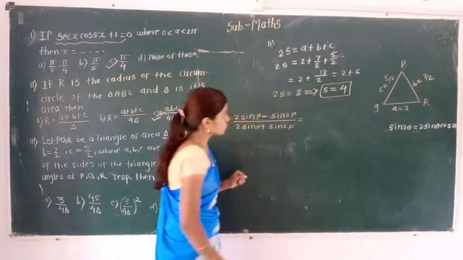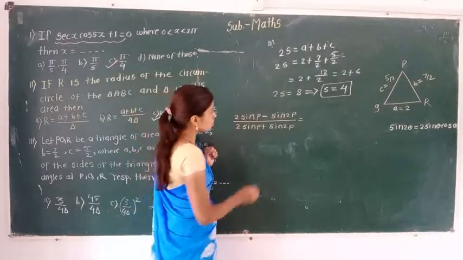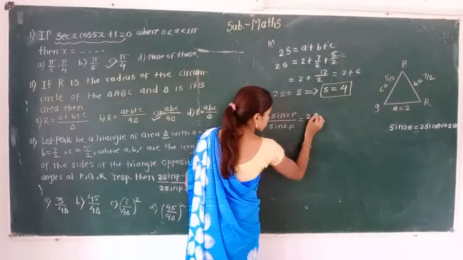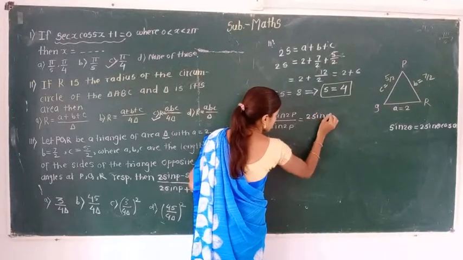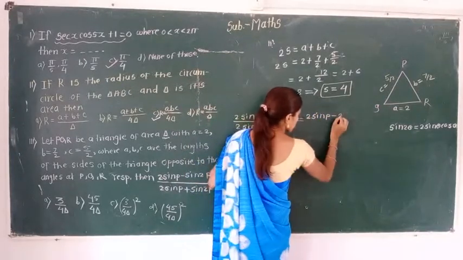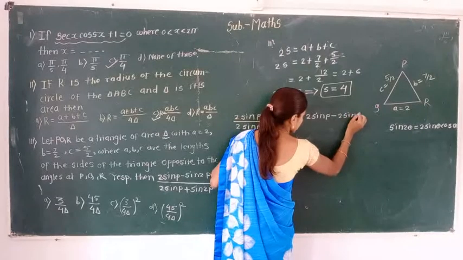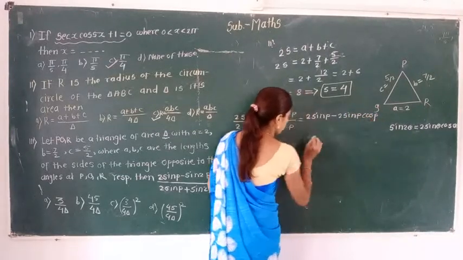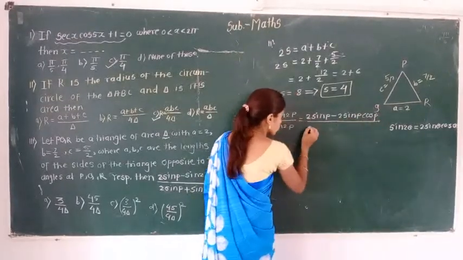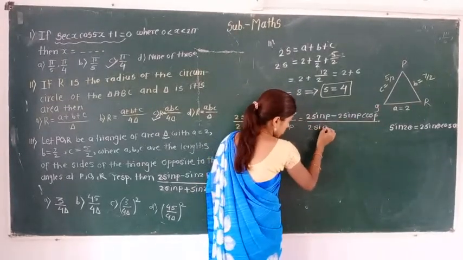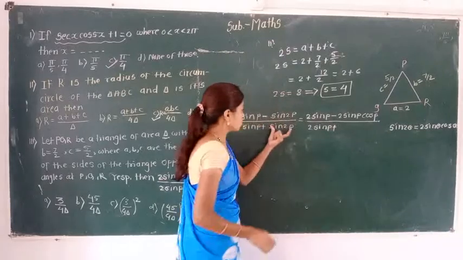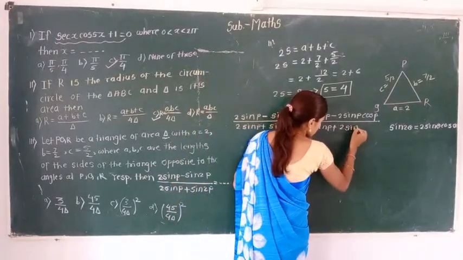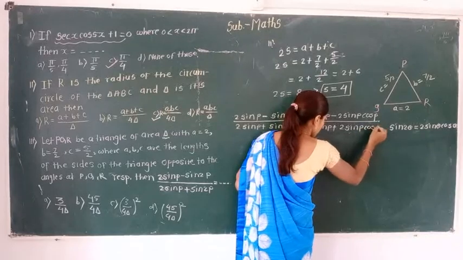Now put the value of sin 2P: 2 sin P minus 2 sin P cos P, using the double angle formula, whole term divided by 2 sin P plus, by the double angle formula, sin 2P is 2 sin P into cos P.